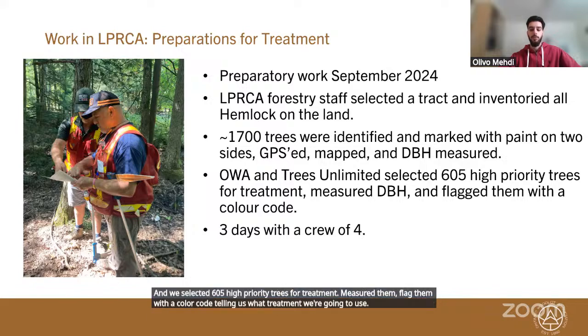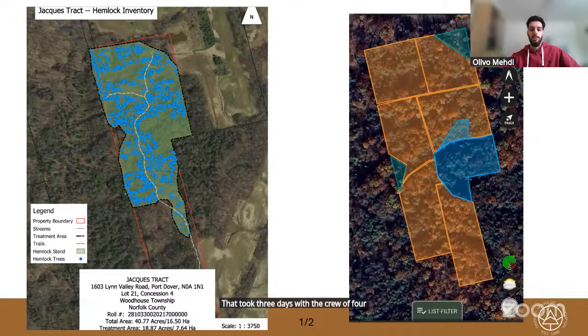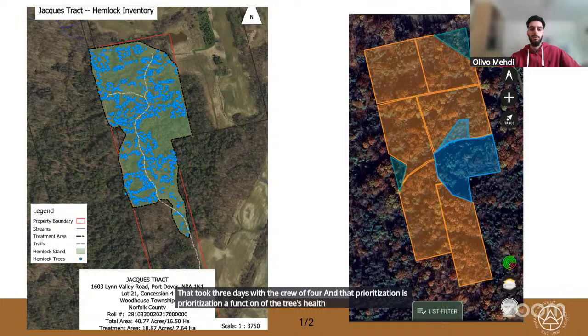That took 3 days with the crew of 4. And that prioritization is a function of the tree's health, sometimes the DBH. So you pick not only the biggest trees, but also a range of DBHs at the healthiest you can, just to ensure they're most likely to survive.